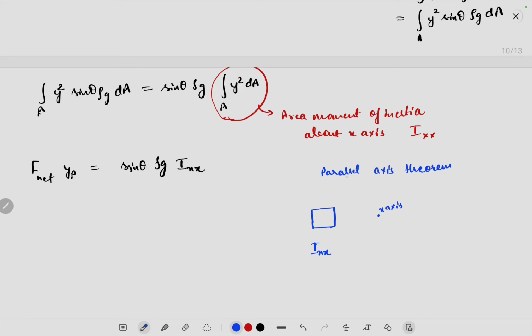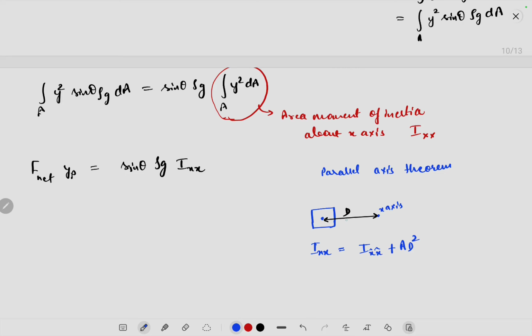So the parallel axis theorem tells me that this Ixx can be written in terms of the moment of inertia about the centroid of the body, plus, if this distance is, let's say, d, then this term will be A times d square.